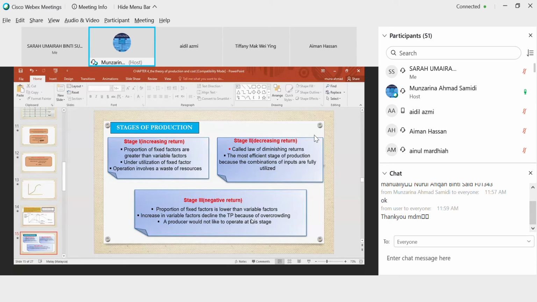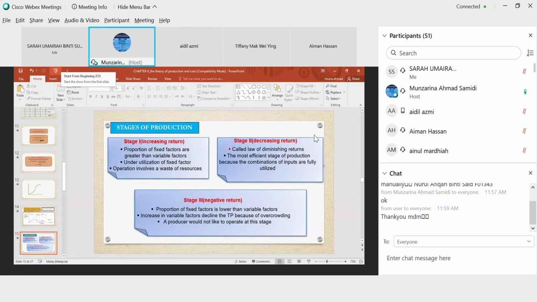The producer will not operate at this stage because it's irrational. Why produce where your marginal product is negative, where additional labor gives you negative return, where an additional unit of labor will just reduce your total product?